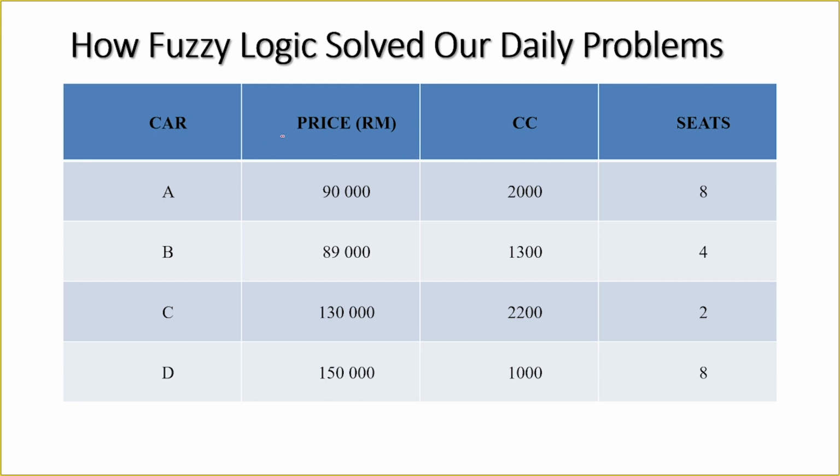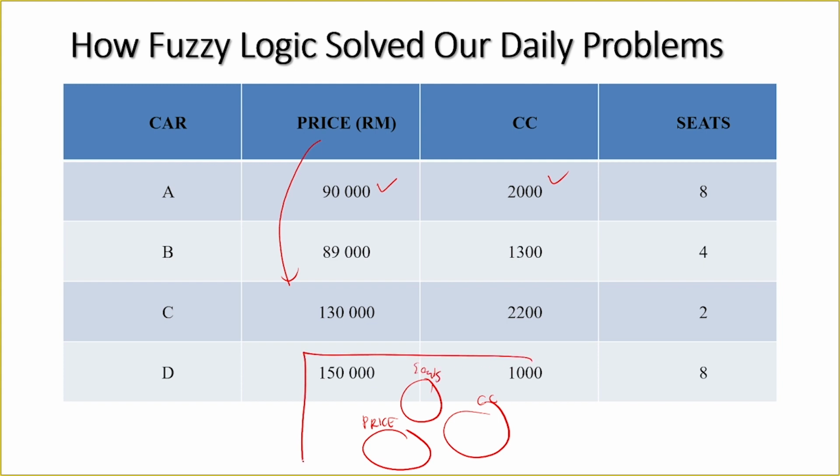So this is an example of a car maker. Car A, car B, car C, car D. This will be the price for the second column. CC, the engine capacity, 2000, 1003, while this one is seats. So for the car, from the price range, we have the price domain, CC domain, seats domain.